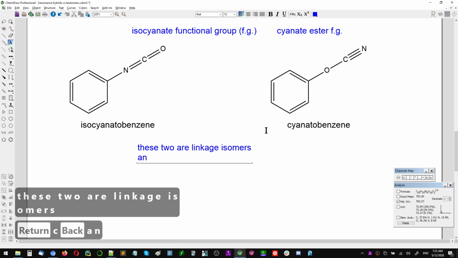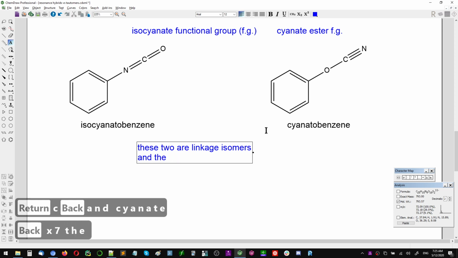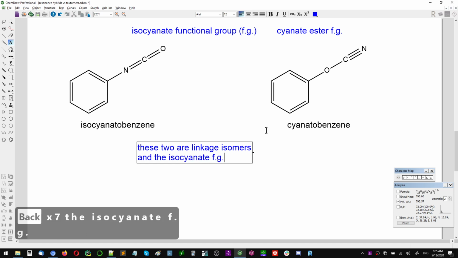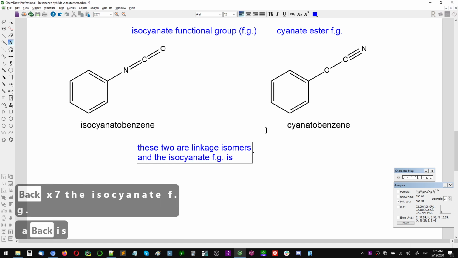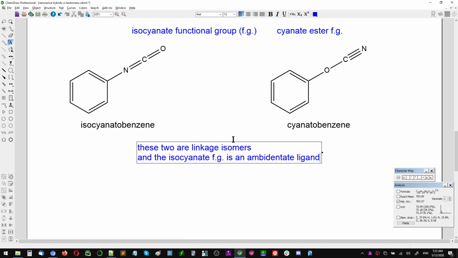And cyanate and the isocyanate functional group is an ambidentate ligand, meaning that it can connect to the main structure with both ends.